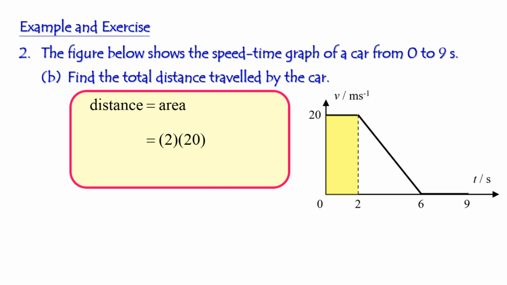I think all of you know how to find the area of a triangle. It is the base length times the height and then divided by 2, right? Okay, so you can use your calculator to find the value of this quantity, which should be equal to 80, right? But don't forget to write down the unit.